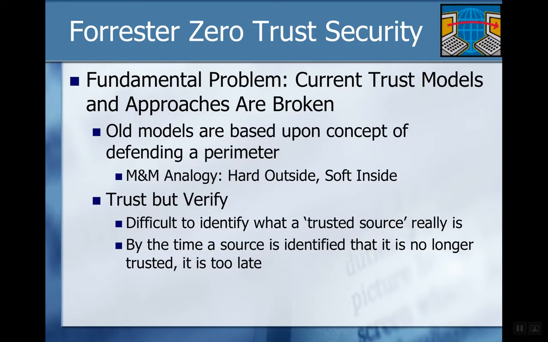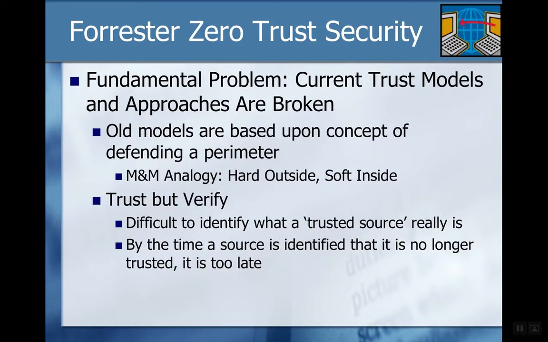The best analogy, you always hear this one, but it's a pretty good one, is an M&M: you have a hard outside shell, and on the inside, it's a soft, gooey interior without security. So you would defend the perimeter. However, if you can get inside, then the level of security drops off significantly.